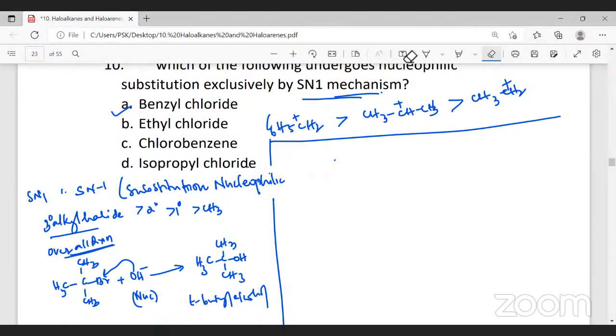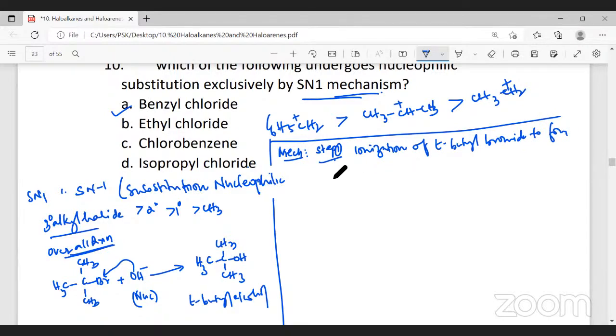The first step is ionization of tertiary butyl bromide to form tertiary butyl carbocation. This is a slow process.